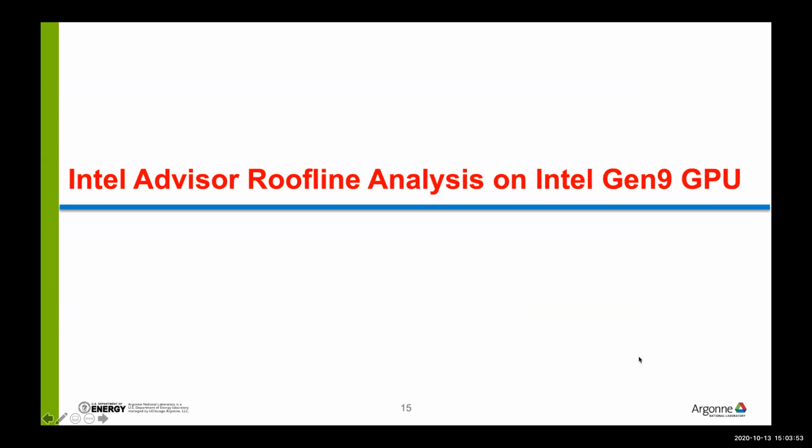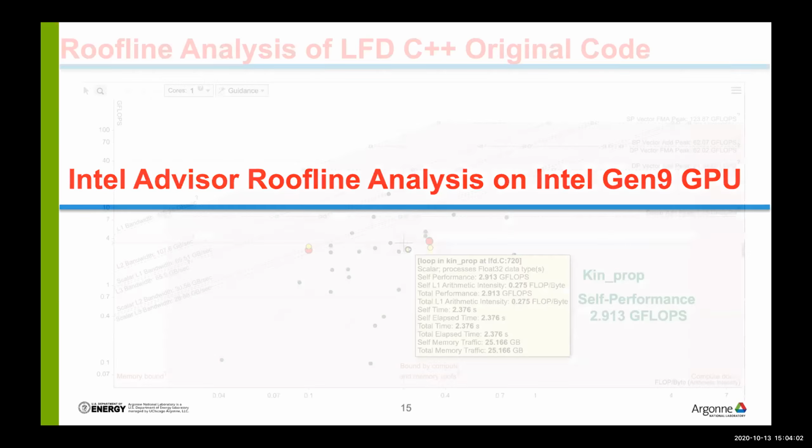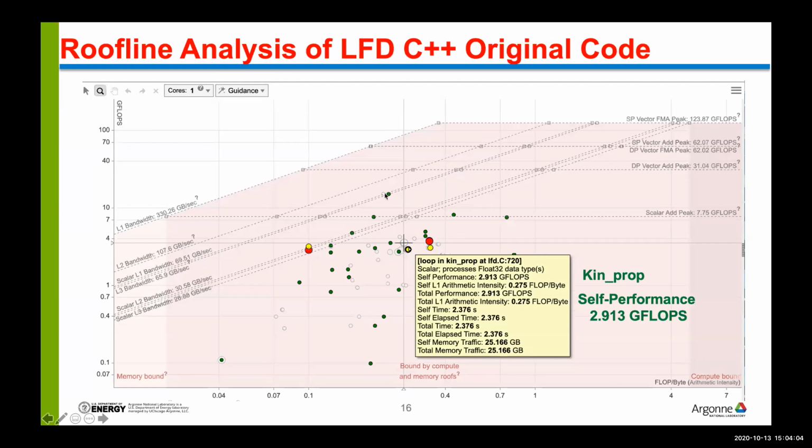Yeah, I can. Okay, so now let me show the Intel Roofline analysis of these three codes on Intel Gen GPU. This is the original Roofline analysis of the original code, and we see that it is memory bound and has very low performance.